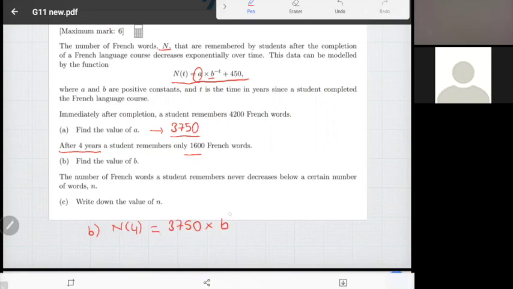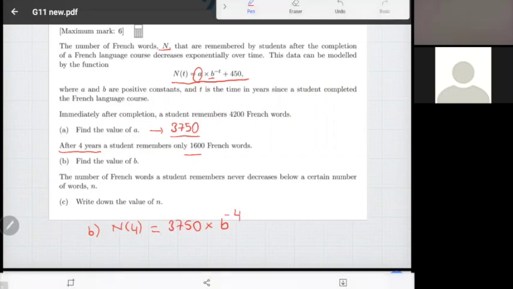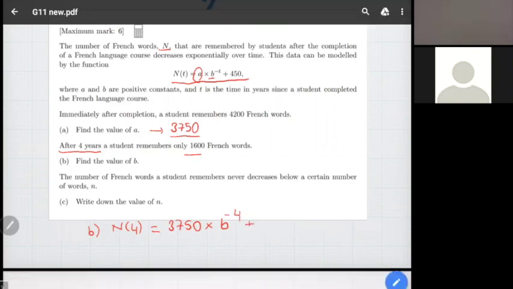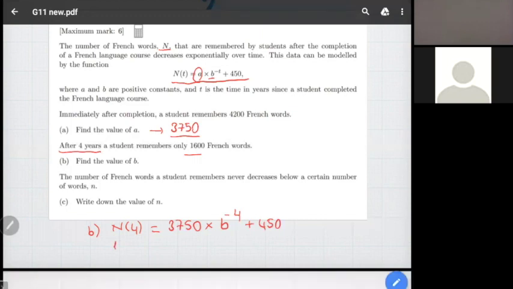Basically, t is 4. So b to the power minus 4, and plus 450. N of 4 is equal to 1,600. And it is equal to 3,750 times b to the power negative 4 plus 450.